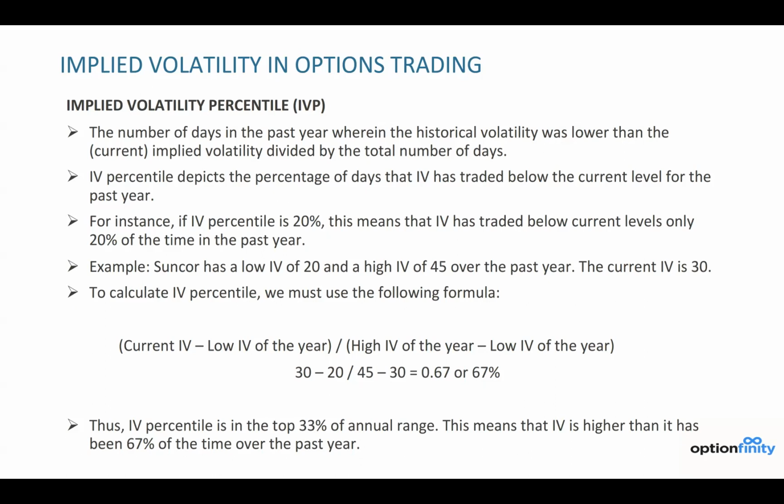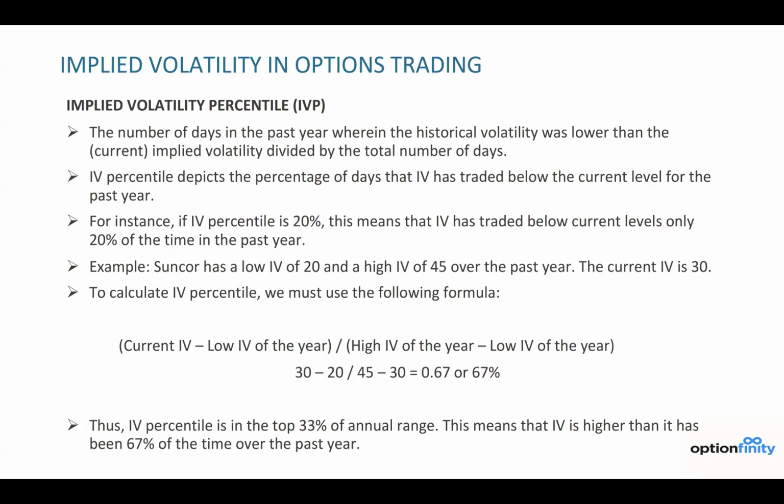So for example, let's say Suncor, which is a Canadian oil company, has a low IV of the year of 20 and a high IV of the year of 45, right? The current IV is 30, right? Given all this information, you plug it into the formula below, and you get 67%, right?